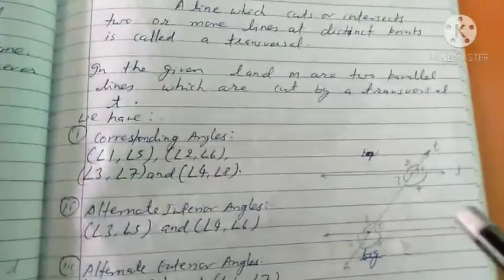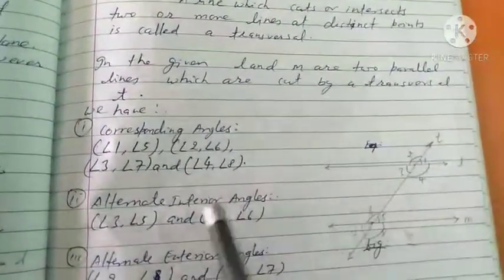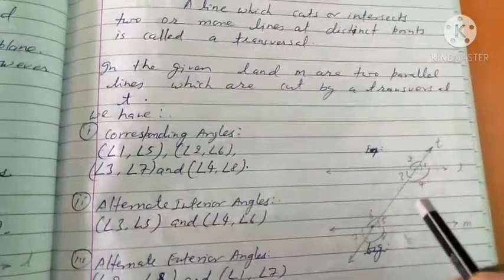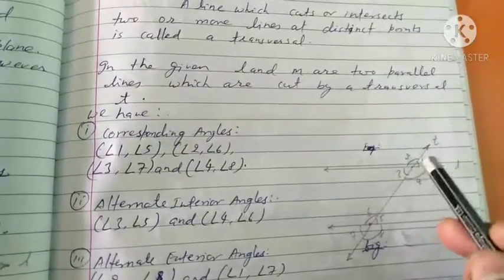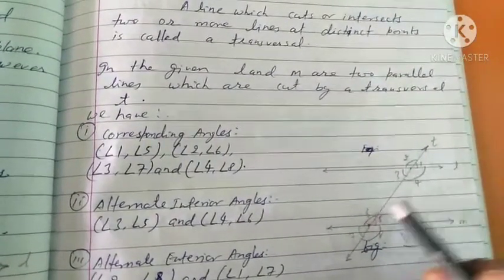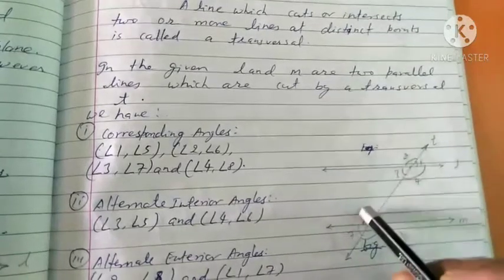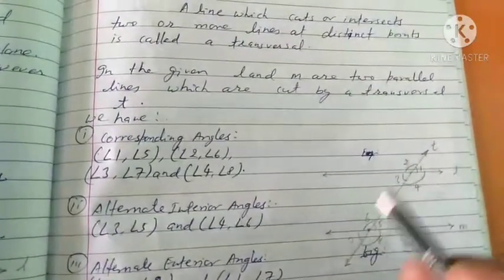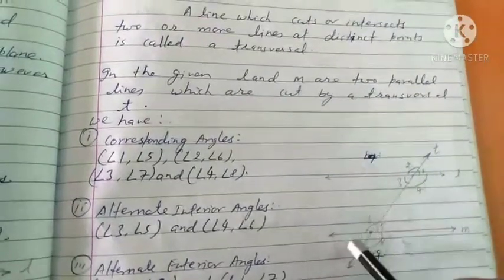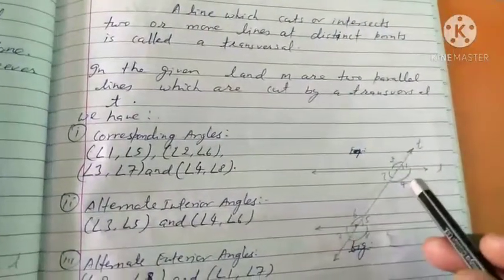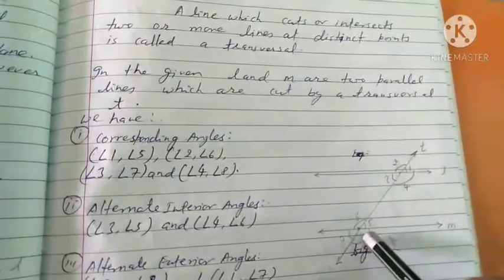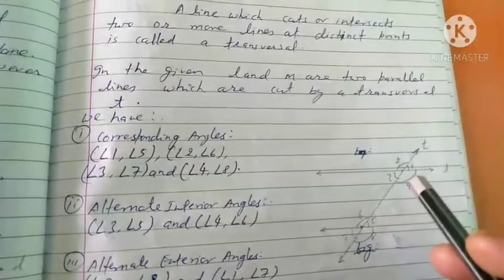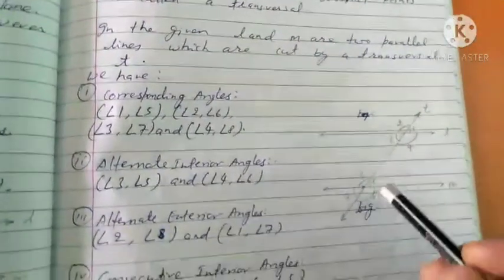In this figure, the corresponding angles are angle 1 and 5. They are called corresponding angles. Even angle 2 and angle 6 are corresponding angles. Along with them, we have angle 3 and angle 7 as corresponding angles, and angle 4 and angle 8 as corresponding angles. So we actually have four pairs of corresponding angles.